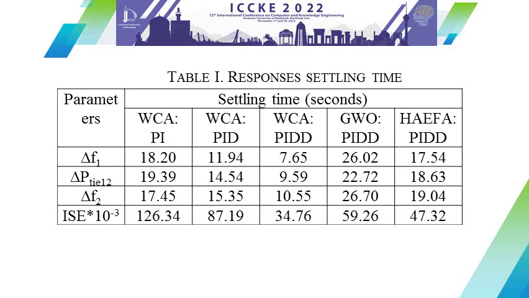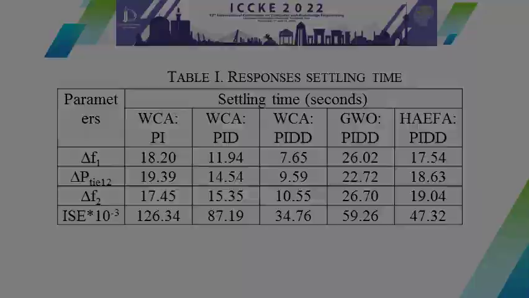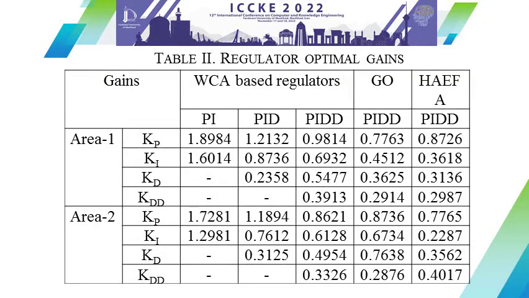So from this point of view, we can also conclude that the PIDD is more effective in getting the controller gains by making use of the water cycle algorithm technique. So coming to table 2, these are the controller optimal gains which have been found using different algorithms.